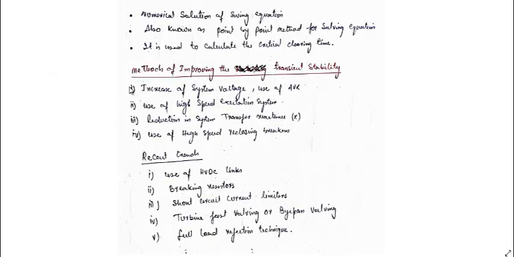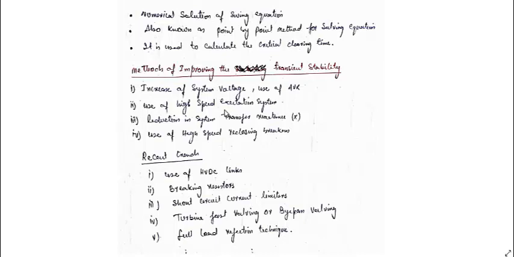This is also used in case of steady state stability, because I have told you there are two things which you need to keep in mind: while improving the steady state stability we have to increase the P delta curve peak, and while increasing the transient stability we have to increase the area of the P delta curve. So when peak is increased, automatically area will also increase. So increase in system voltage will result in increase of both transient as well as steady state stability.